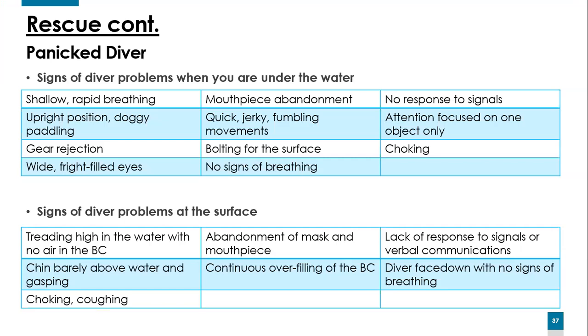They've got a problem. You're trying to pass them something and they just won't take it. Some struggling, like in an upright position, doggy paddling. You notice maybe hyperventilating, rapid breathing. They could spit their regulator out. Some choking. So just some signs to be aware of for a panic diver in the water.